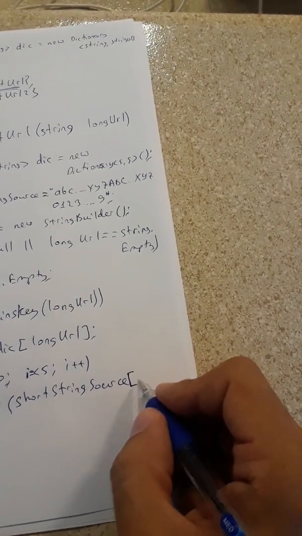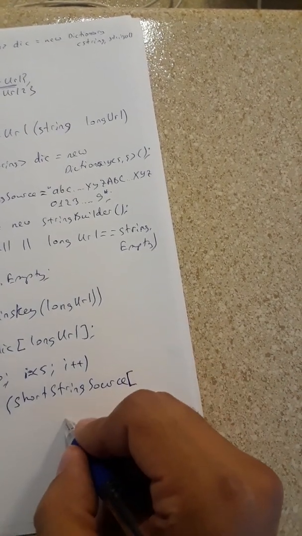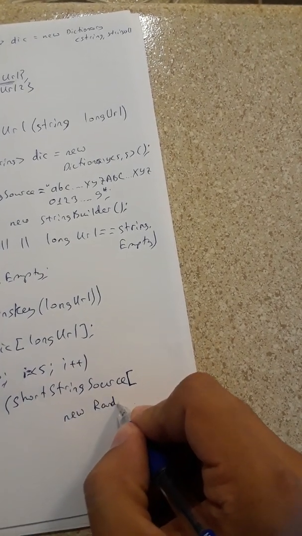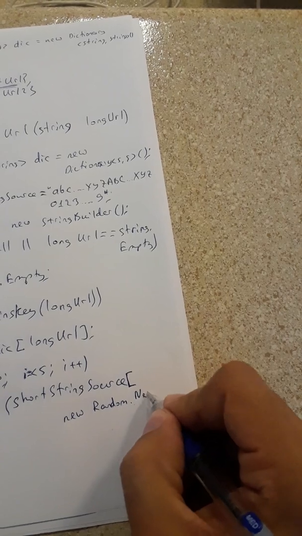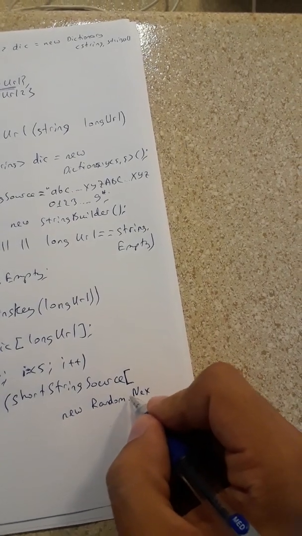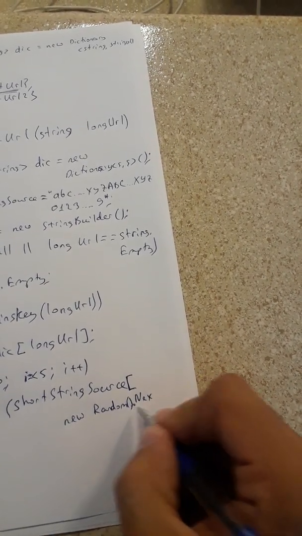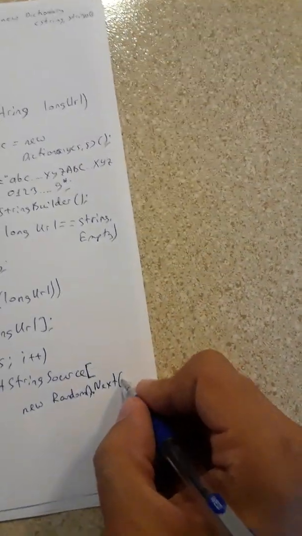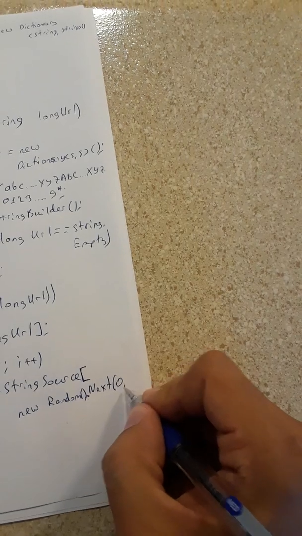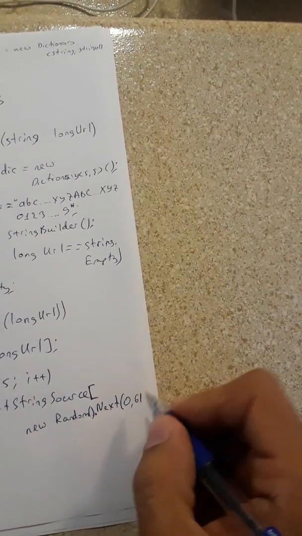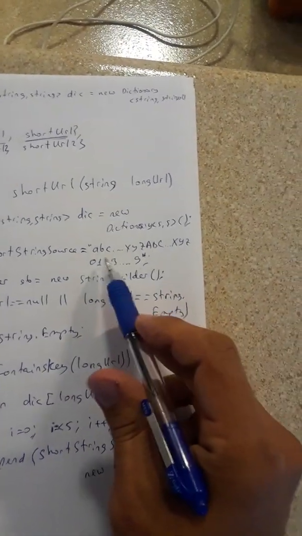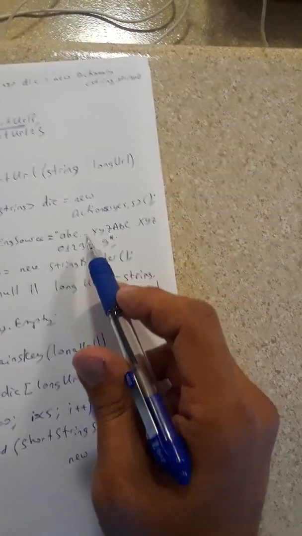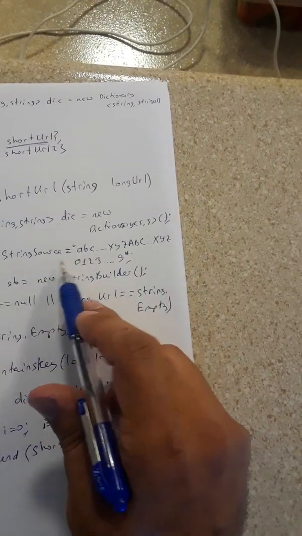And here as an index I will use the Random class of the System namespace, the Next method, and in Next for indexing I will use from 0 to 61 because we have not 61 but 62 characters in this string.